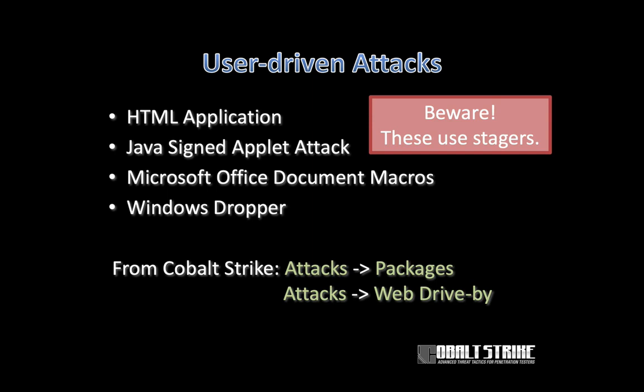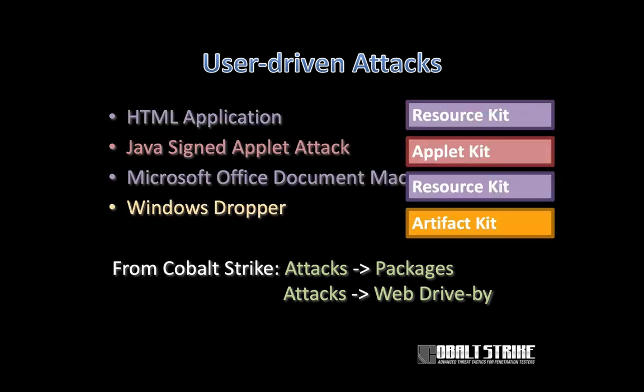You can access these features by going to Attacks Packages or Attacks Web Drive-By. Be aware that each of these options use stagers. Another thing I would like to point out is that user-driven attacks are not a core focus of the Cobalt Strike product anymore. These are very much a legacy capability.